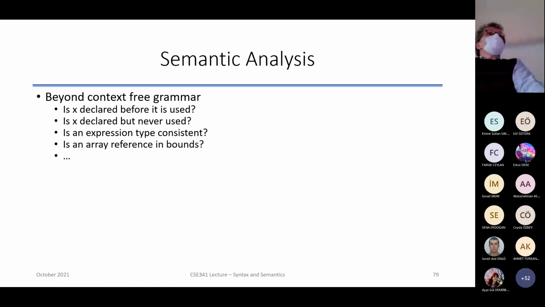For example, is X declared but never used? You can write this one easily, perhaps, right? So it's not a big deal. If I want to put this as an algorithm, I take my IDs, and whenever I see an ID, I ask, have I seen this before? This is going to be the scope.